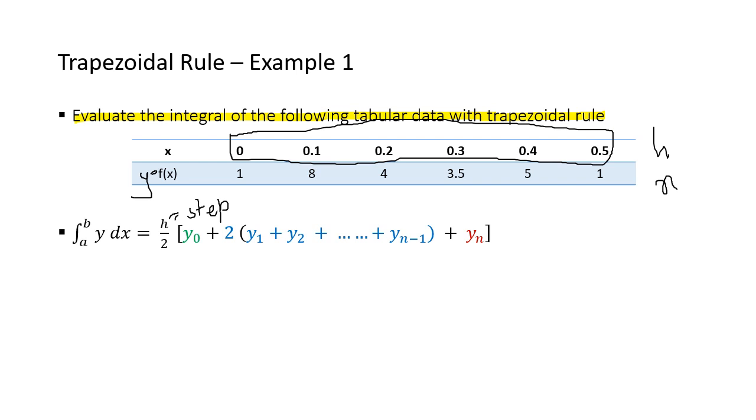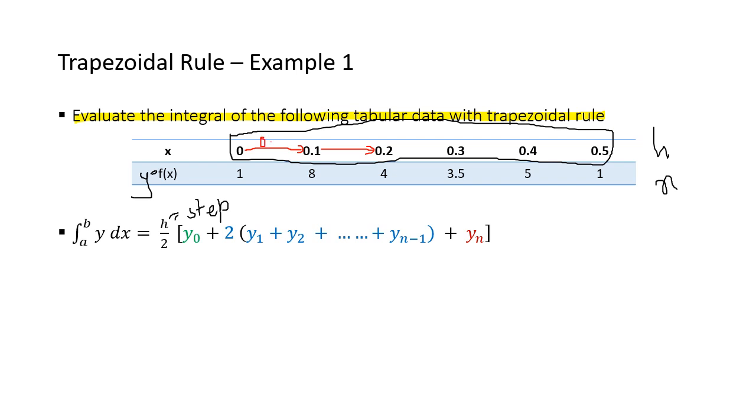In this case, the first value of x is 0, and then it goes to 0.1 and 0.2. So the step is 0.1, which means we jump by a step of 0.1.